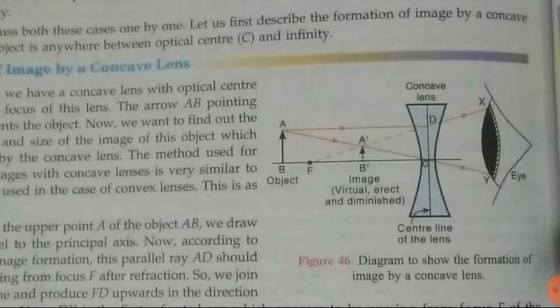After refraction it will pass through focus, and how it will pass through focus I have explained just now. The ray will diverge, but when we extend it backside, we see that it is coming from focus. So DX will be the first refracted ray, and then the second ray AC is passing through the optical center, so it will go without any deflection.